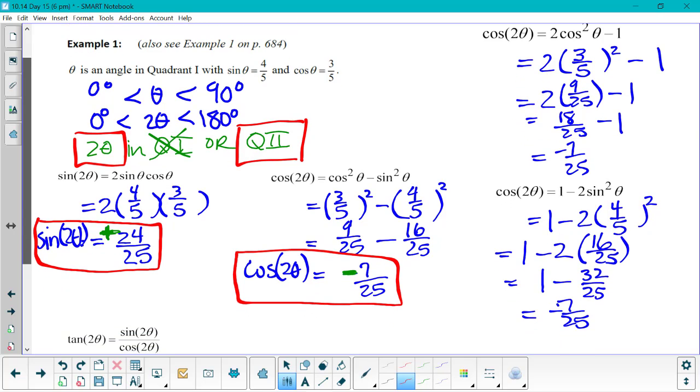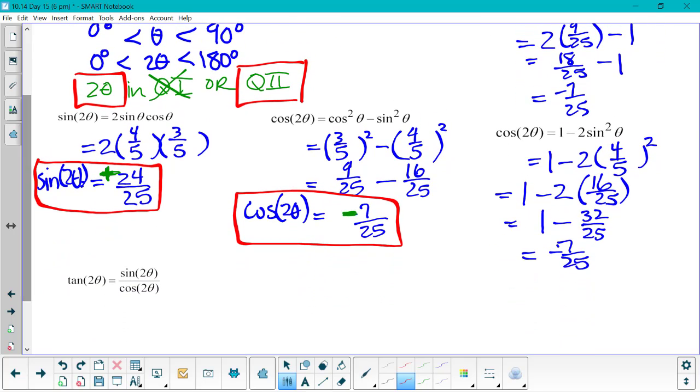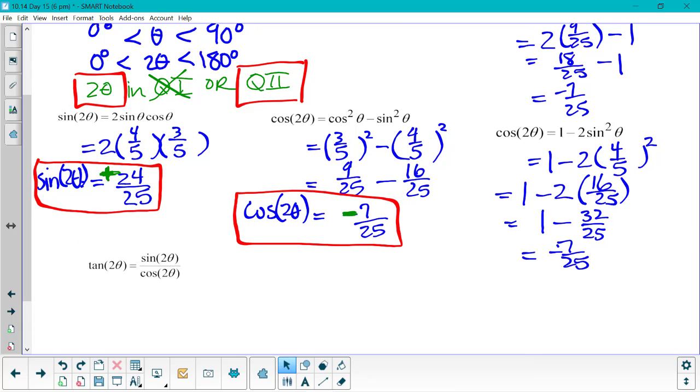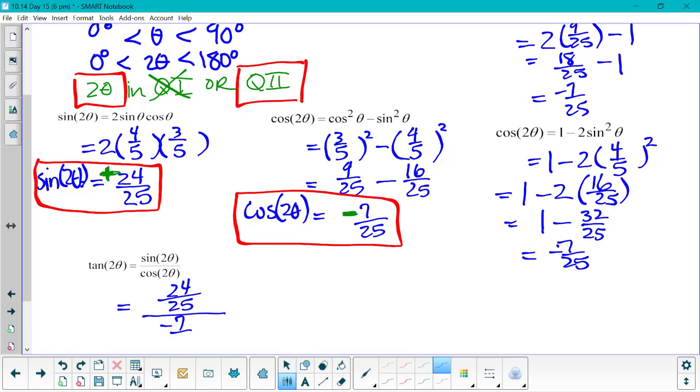And then once we have the sine and the cosine of the angle, we can find the tangent of the angle, which is our double angle, 2 theta. No need to use the tangent identity, use the sine and cosine values and the quotient identity for tangent. So the tangent of 2 theta is just the ratio of the sine of 2 theta over the cosine of 2 theta.